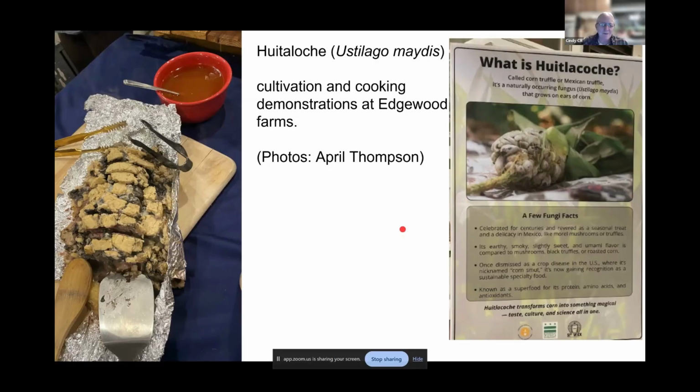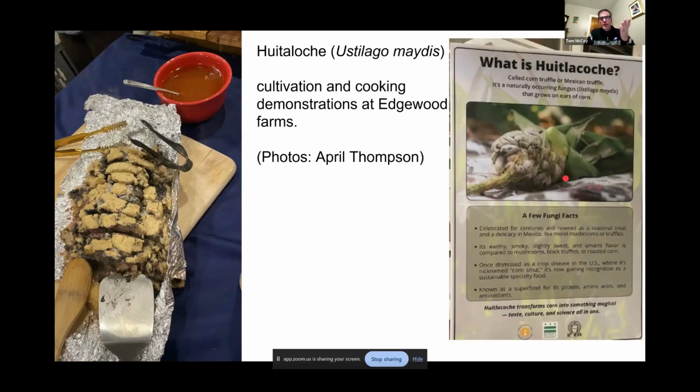I was going to chip in with just one more little thing. I did a talk about huitlacoche years ago for the club, and the name of the talk was "The Mushroom That Built an Empire." One of the things that is so fascinating about this fungus for me is that the fungus that grows on top of corn is a perfect complement to make a complete protein.